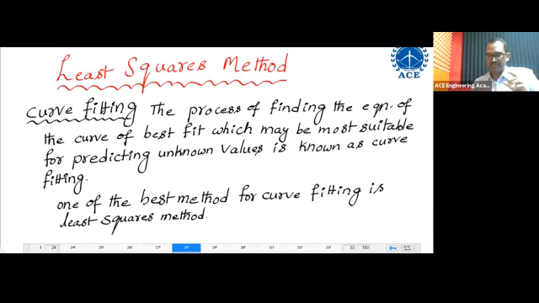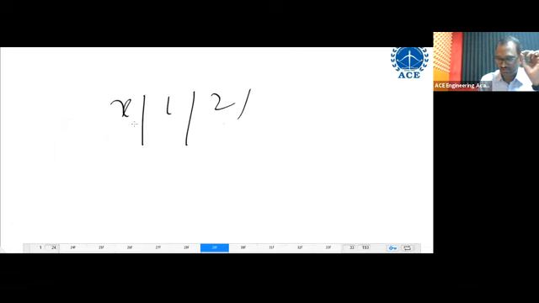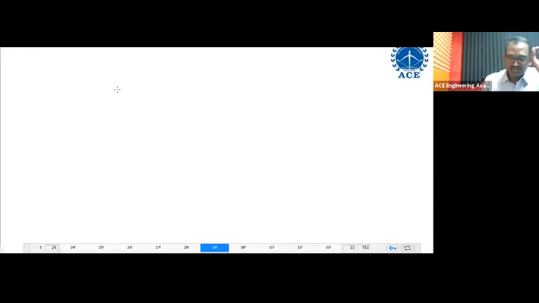Listen to me, all of you. Definition once again I will tell you. Curve of best fit means you are given infinite number of curves. Among infinite number of curves, which curve passes through most of the given data points, that curve is called curve of best fit for the given data. And curve fitting means you are given x values.